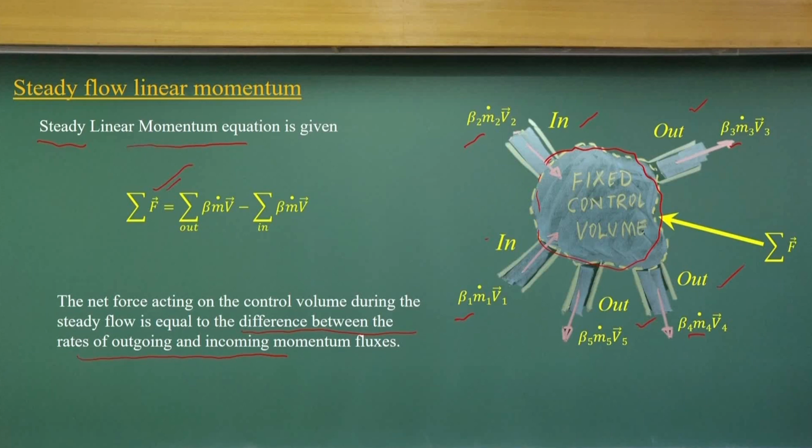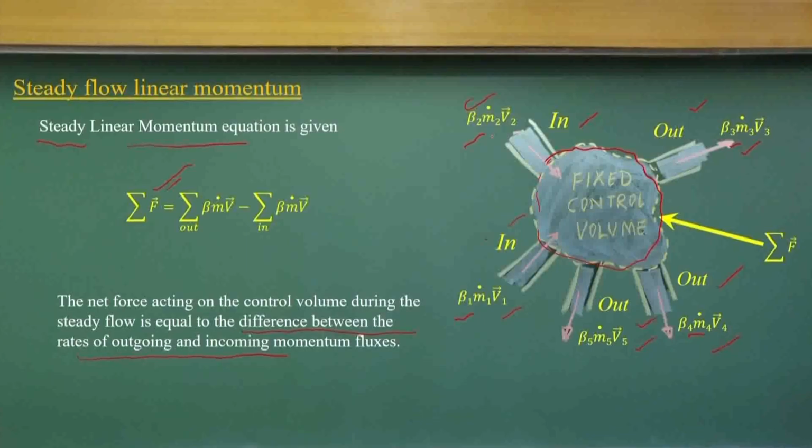So, basically, to apply this concept, considering the velocity distribution we use momentum flux correction factors, and we have the mass rate into the velocity, which is the momentum flux rate.